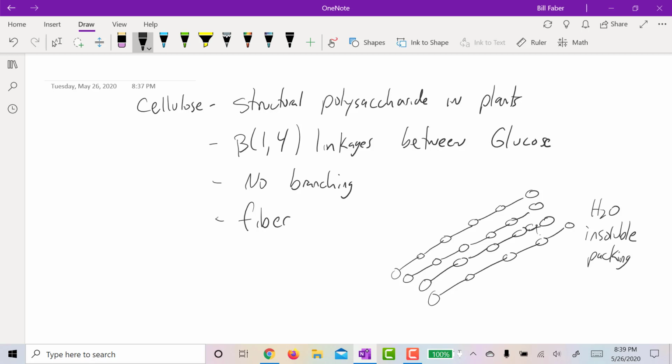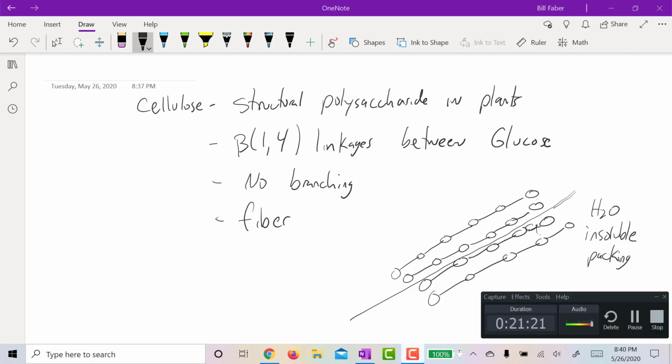So you can tear it, you can break it along one of these lines, but it's actually pretty hard. Wood fiber can be used in buildings for hundreds of years, and trees can last for hundreds, even thousands of years. And so it's really a strong structure. But it has this beta 1,4 linkage that we, obviously, humans can't digest. But it is an important part of a fibrous diet. So with that, I'm going to stop this.